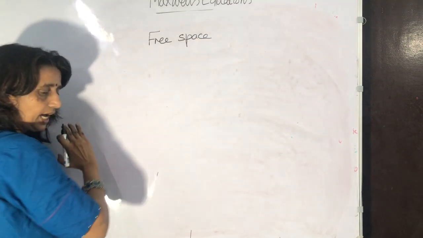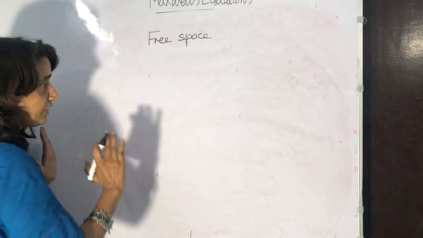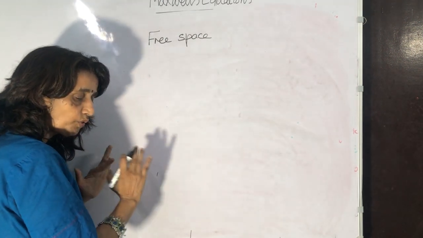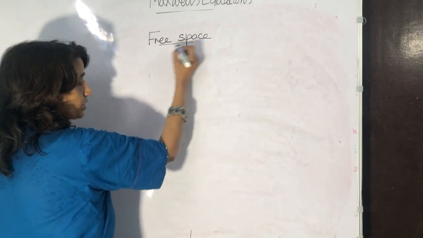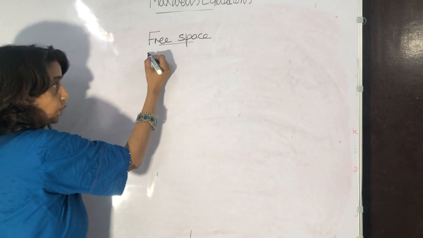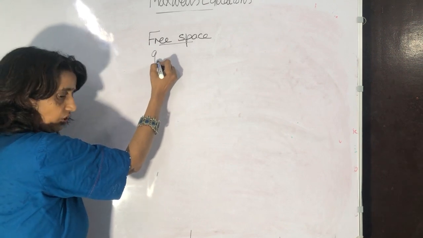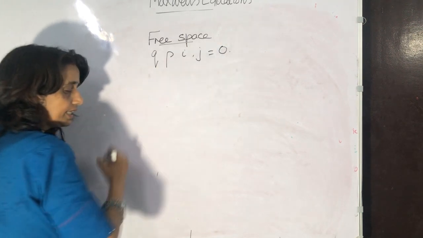It means I am not having any charges present here. So in the absence of any free charges, all these terms, free space or free charges, current in empty spaces, when your charges are not there, J, all these terms are becoming 0.